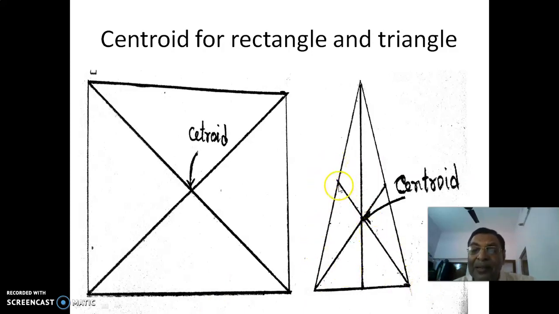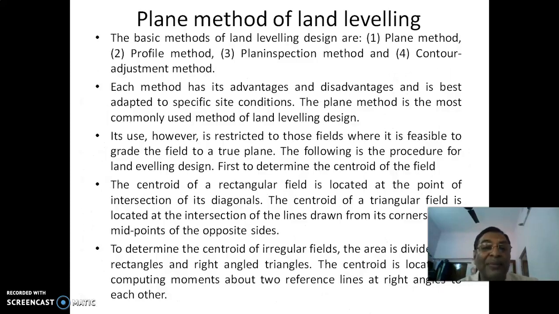If you keep connecting like this, from half of each side to the opposite vertex, they all intersect at one point, and that is called the centroid. So for regular shapes there are methods like this, but for irregular shapes, finding the centroid is a bit of a problem.